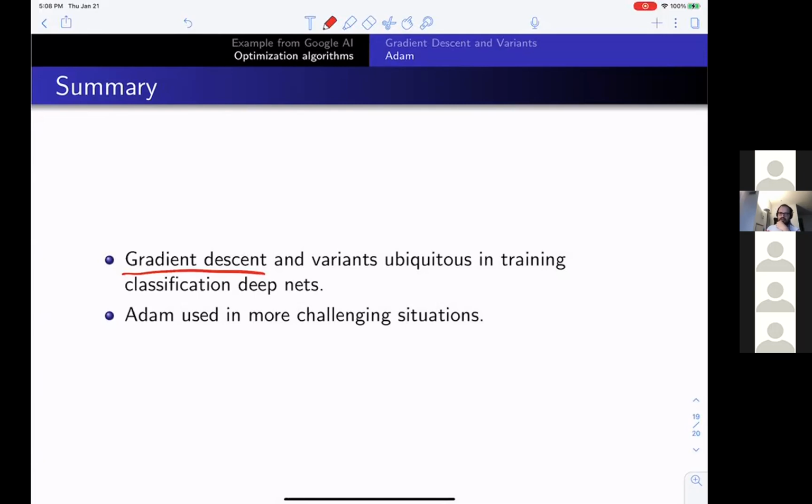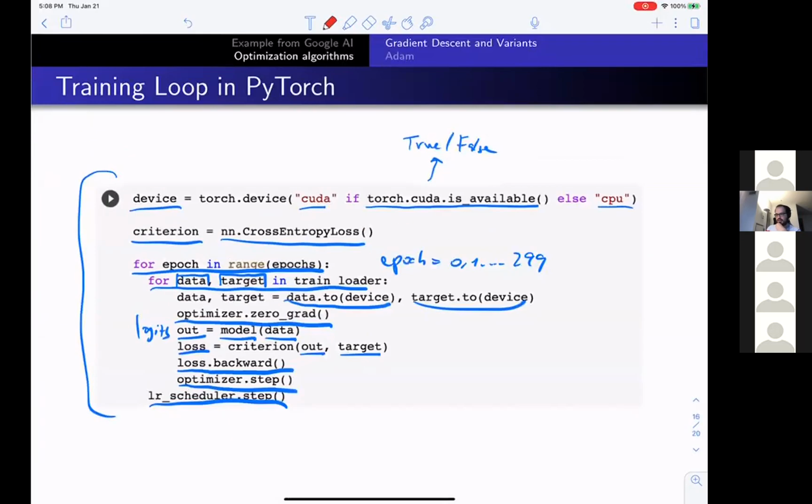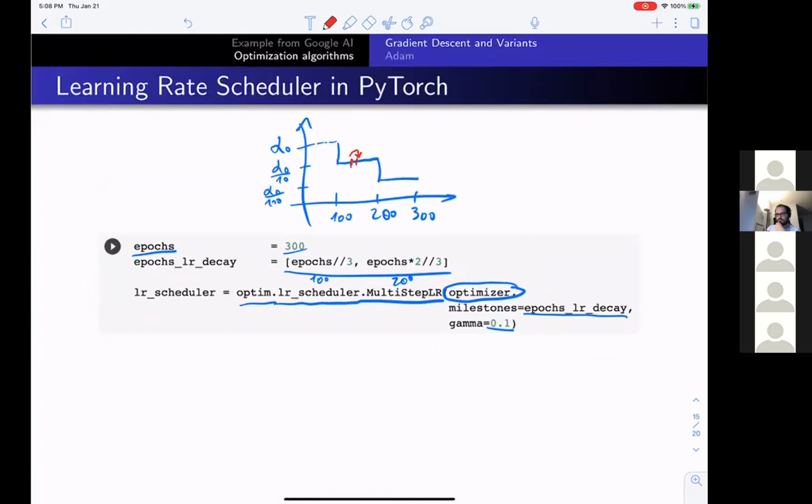On the other hand, I claim that large batches hurt test accuracy. So people have developed special tricks for how to use large batches and still get good test accuracy. And the trick is related to this plot here.